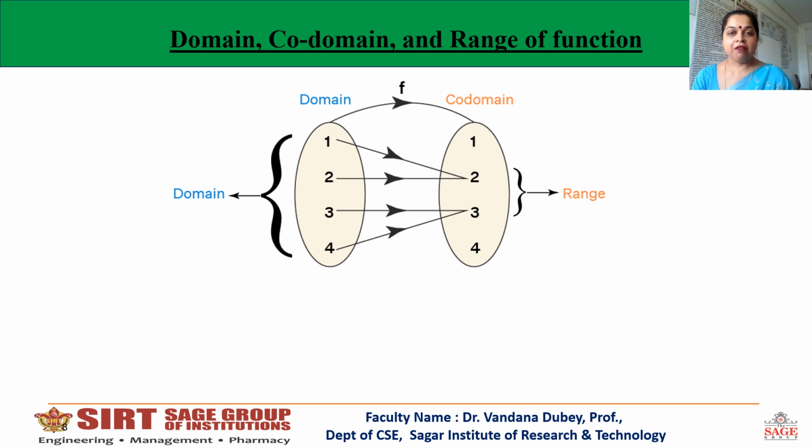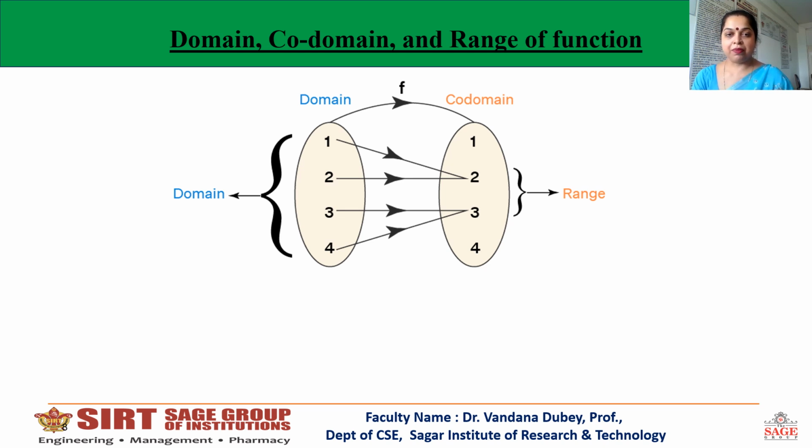Now in functions, all the elements of the first set are being mapped. So all the elements of the first set are the domain of the function. Whereas the second set, the complete second set, is called the codomain. But only those elements of the second set which are being mapped, for example, elements 2 and 3 here, those are called the range.